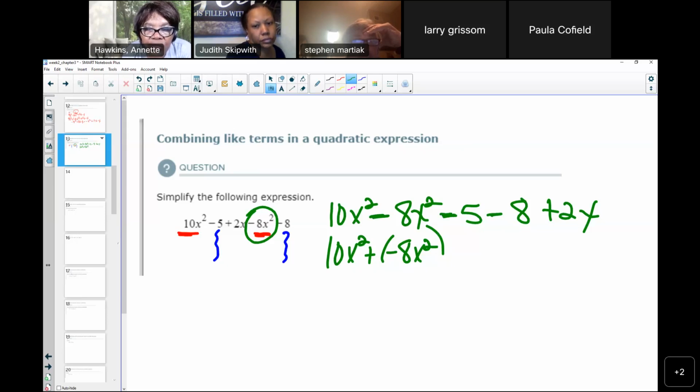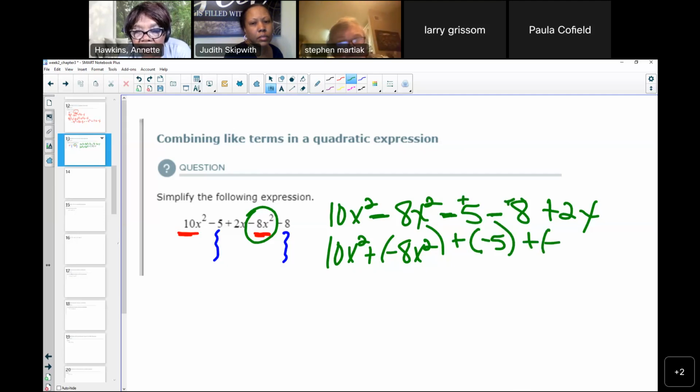Now, this is subtraction too, so I am subtracting a positive 5. The definition of subtraction says add the opposite of what you're subtracting. I'm subtracting a positive, so that's negative. This is subtraction. Add the opposite of what you're subtracting, so that's going to be a negative 8. And then 2x.